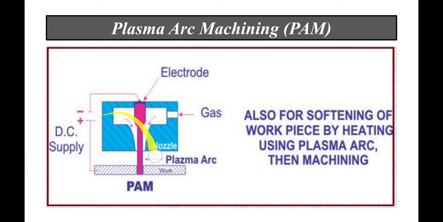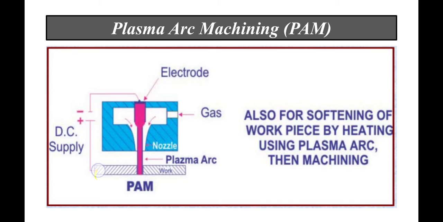When this gas comes, an arc is formed, the gas gets ionized and plasma is formed, and this plasma has very high heat density, heat intensity, and you can cut any material that you have.